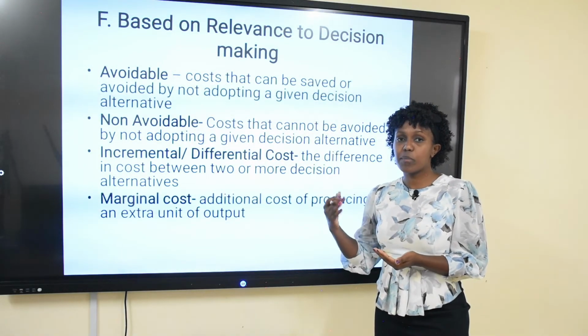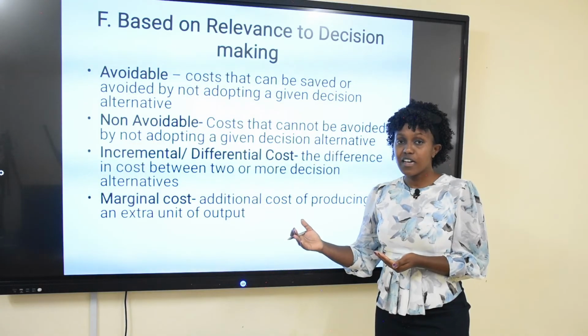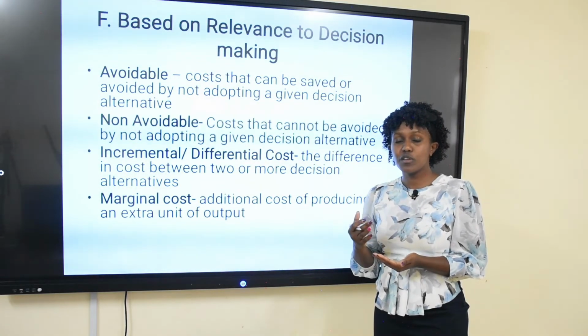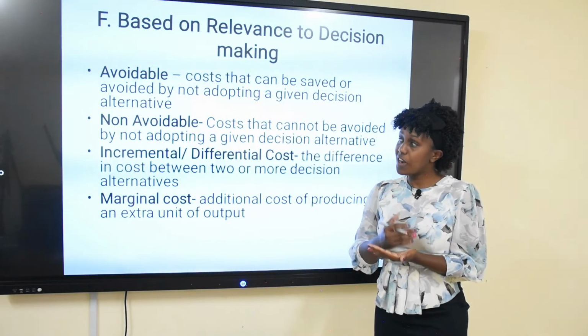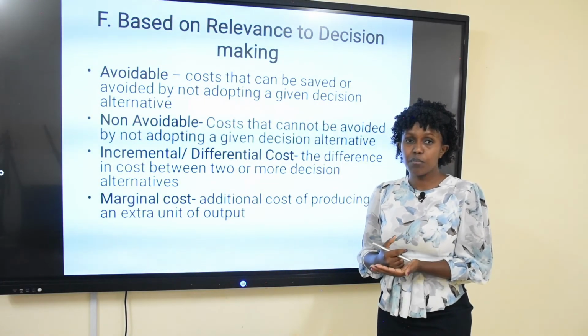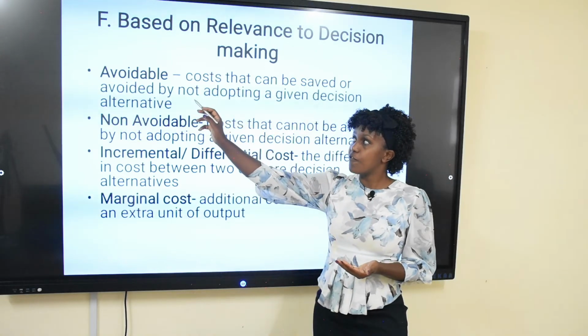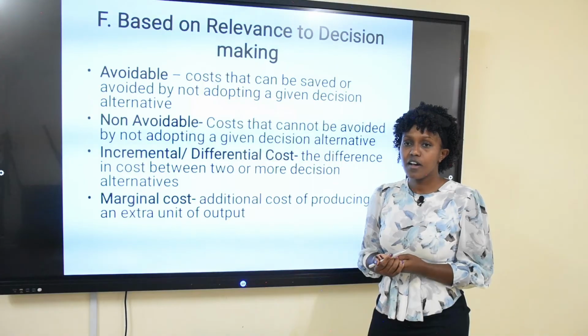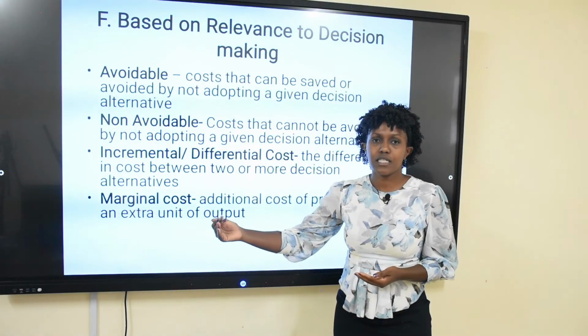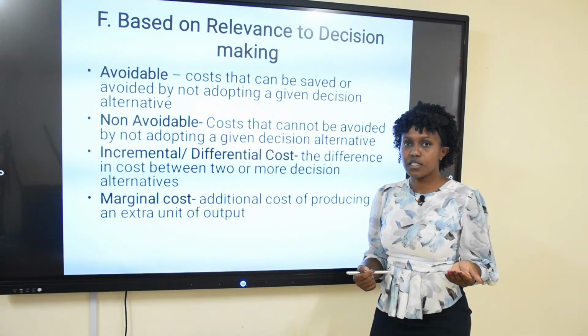If you decide to buy a product externally, that would mean then you're not going to be incurring the variable manufacturing costs. So the variable manufacturing cost in that example is an avoidable cost. It can be avoided by making a certain decision here, by deciding to buy a product instead of making the product.